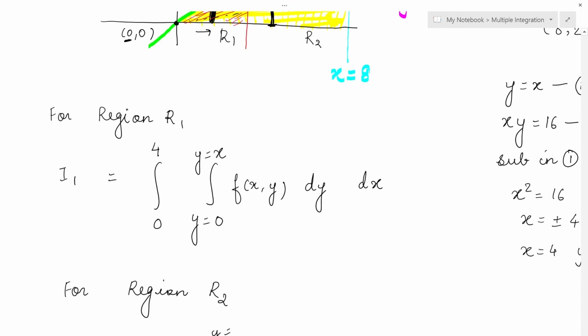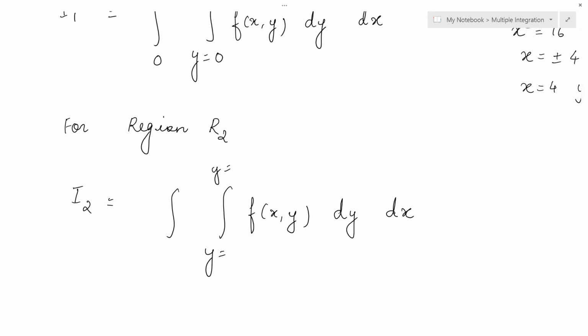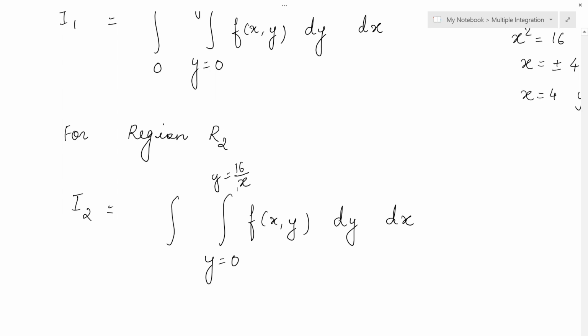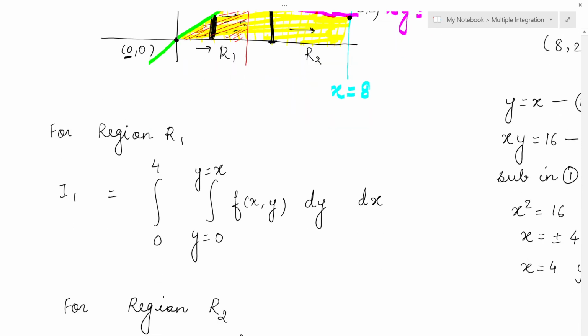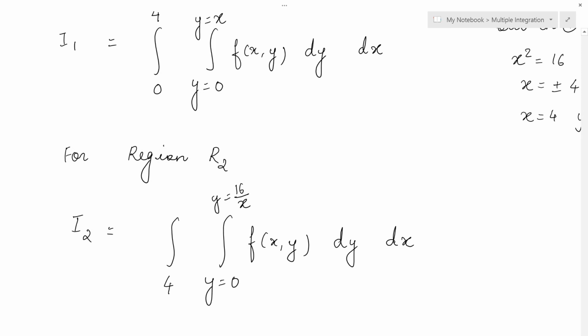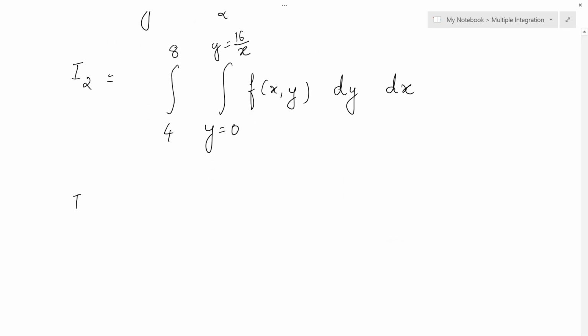Pink curve is xy is equal to 16. So value for y will be 16 by x. So 16 by x is my upper limit. And then strip travels from left to right. So if it travels at the left, the value is 4 over here and the value is 8 over here. So lower limit will be 4 and 8. Right? So this will be my second integration.